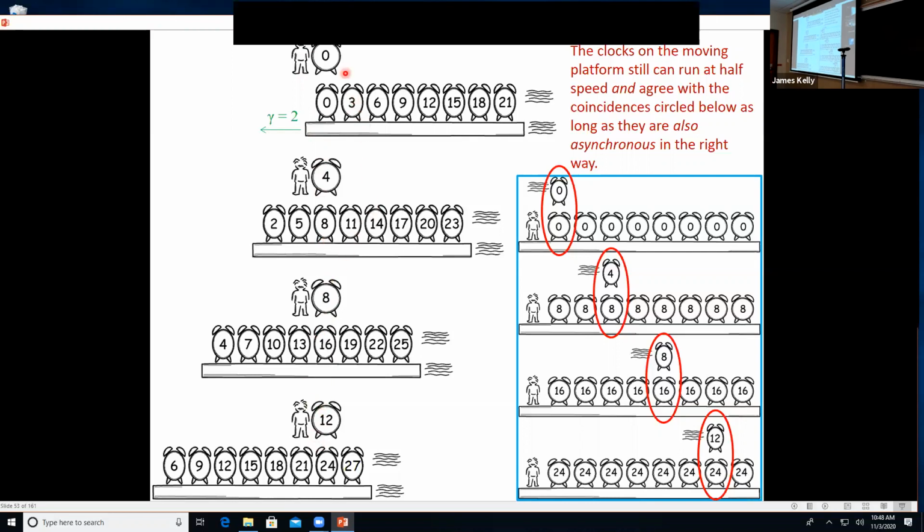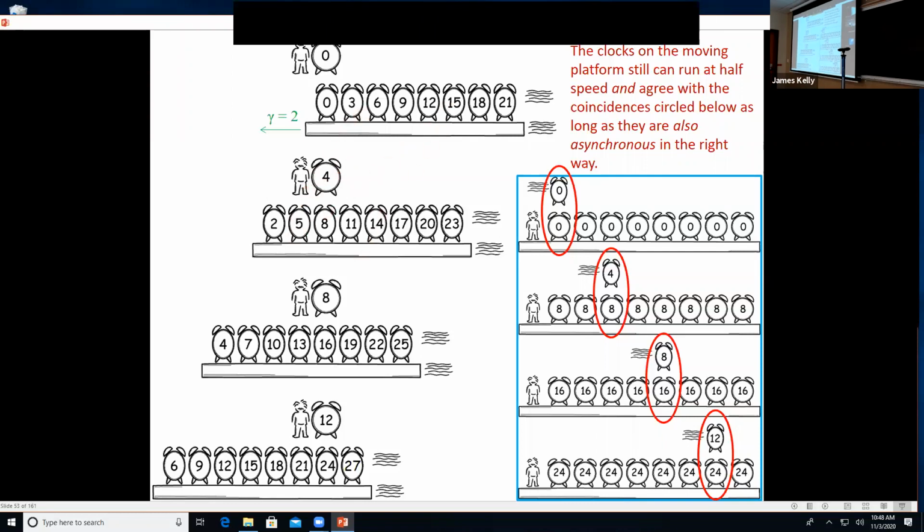And yet, in between these two frames, these photographs here, 4 units of time have ticked off on Einstein's clock, and yet only 2 units of time have ticked off on the moving platform. So it is, in fact, going slowly. Einstein would say, look, each one of these clocks is going slowly. In the time my clock ticks off 4, each of these advances only by 2.